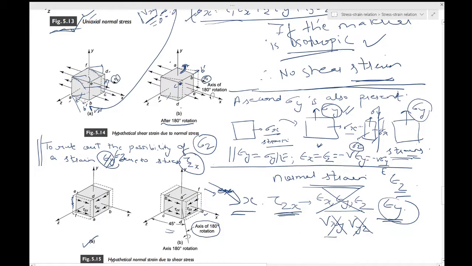okay, so you want to now take care of gamma xy that would be acting on the x plane in the y direction. So let's assume that there is a rotation like this.